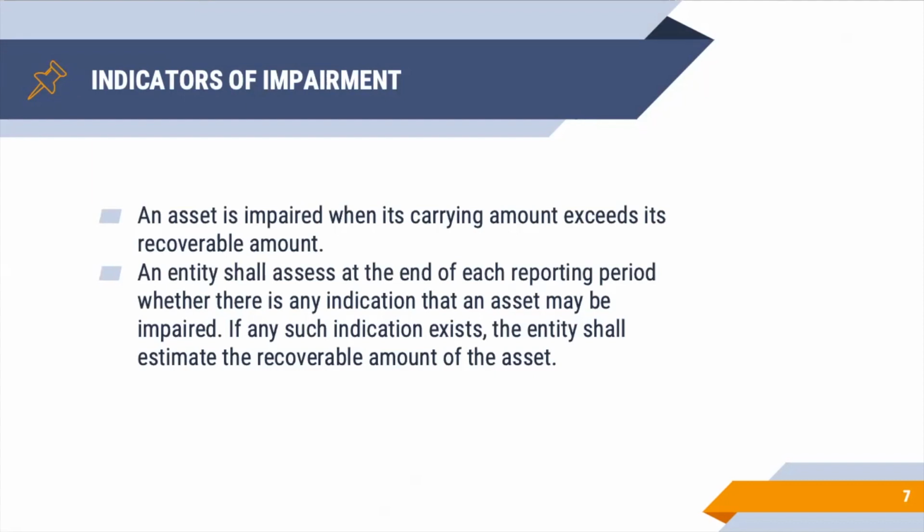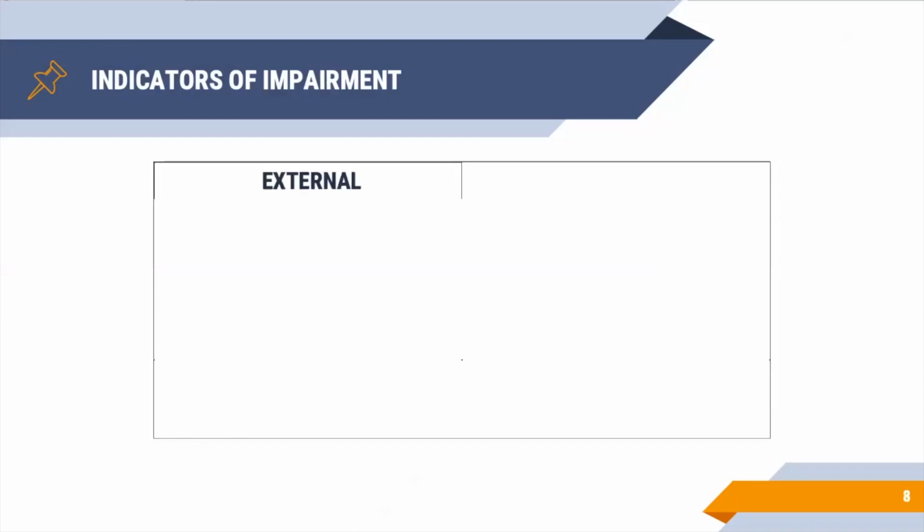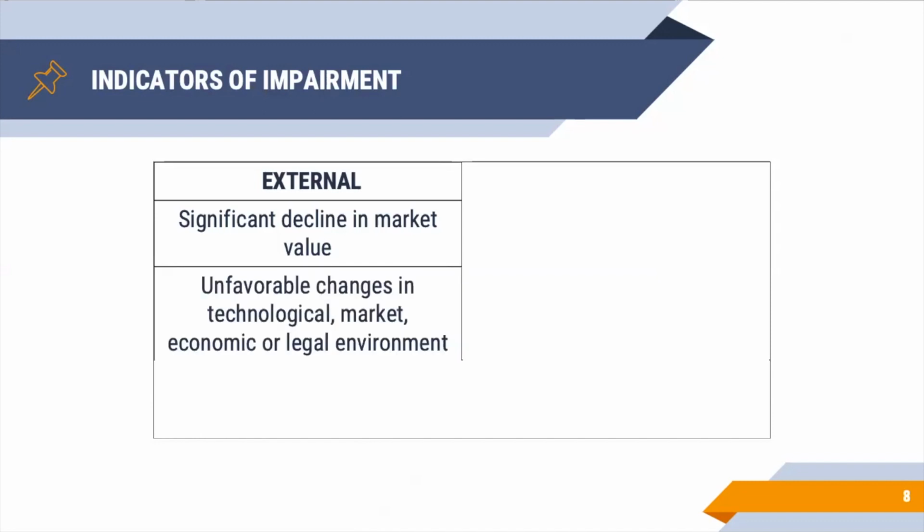So ano ba tong mga indicators? There are two types of indicator. We have external indicators and internal indicators. For external, number one, we have significant decline in market value. Number two, unfavorable changes in technological, market, economic, or legal environment.